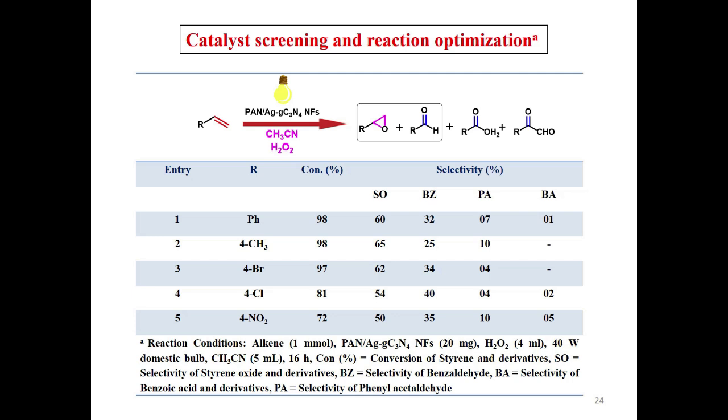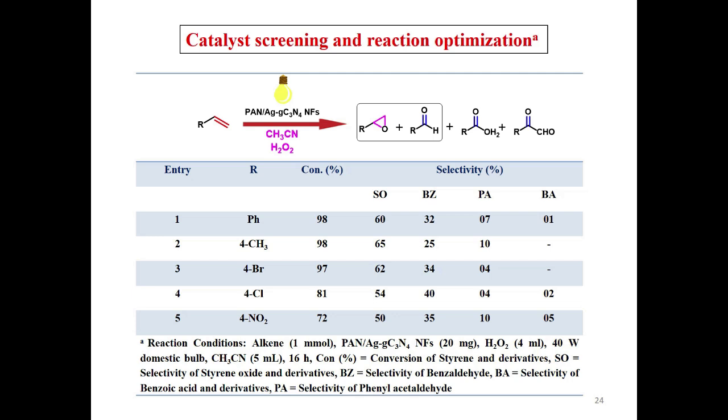Here we have done the screening of the catalyst and the reaction optimization. We have changed the alkyl group R. Here R is changed with phenyl, 4-methyl group, 4-bromide group, 4-chloride, 4-nitro. And we found that in every case, for the phenyl and methyl groups, 98% yield was found, and styrene oxide is showing 60 and 65% yield respectively as compared to the others.